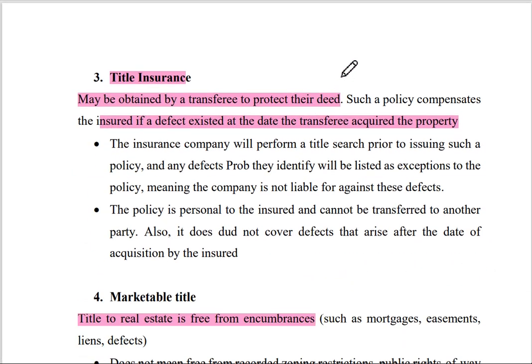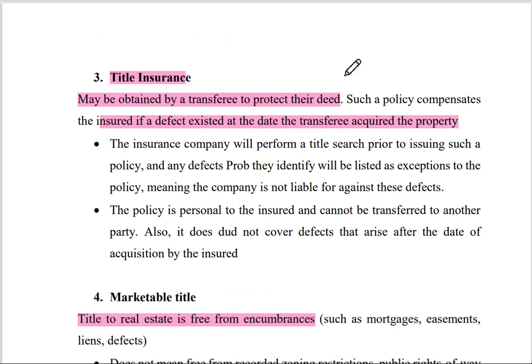A transferee should protect the title of the deed because that's really important. So therefore, he can get a title insurance, wherein the transferee is basically ensuring that the title of the property deed or the property is valid. Such a policy compensates the insured if a defect existed at the time the transferee acquired the property.